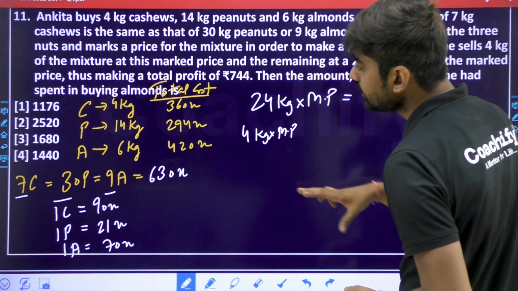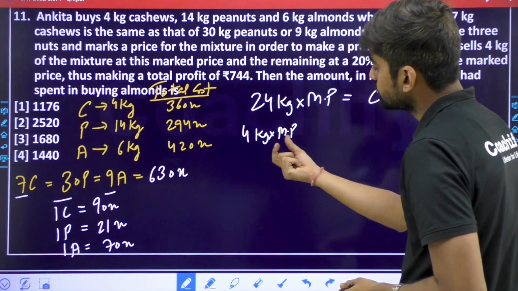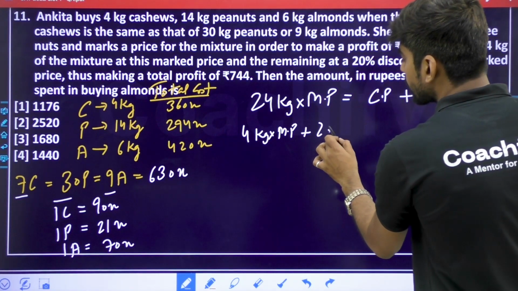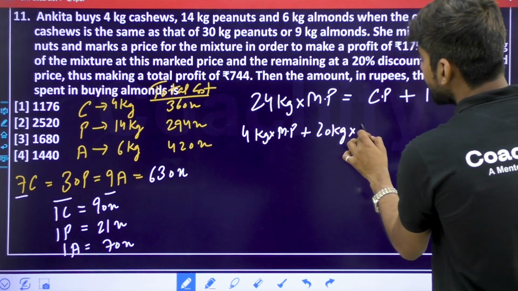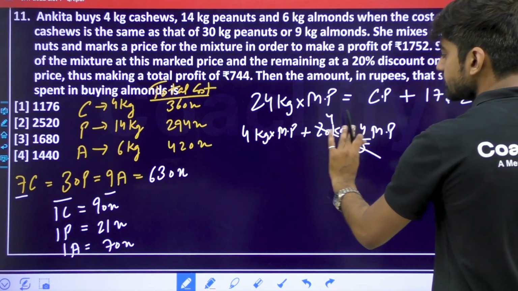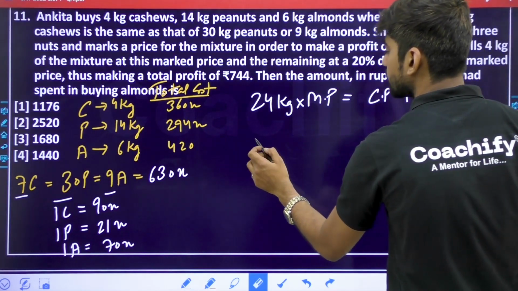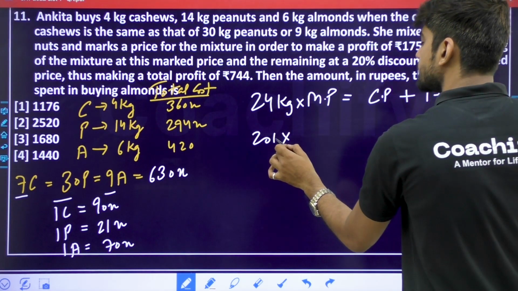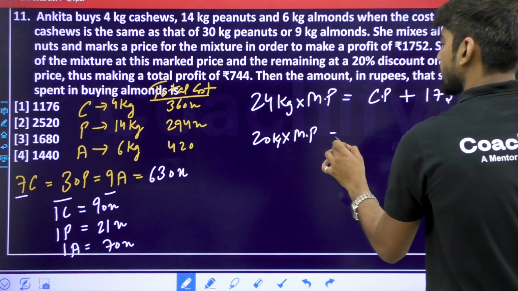So total quantity was 24, out of which 4 kg you have used here. So the remaining quantity is 20 kgs, which you are selling at 4/5 of mark price. So this is coming out as 16 plus 4. This result is coming out as 20 kgs into mark price.